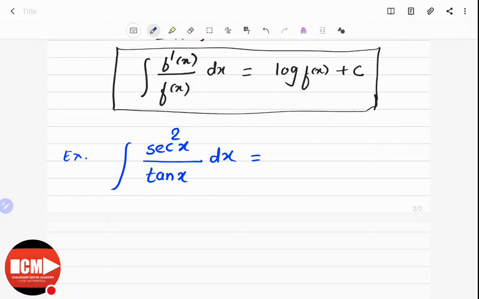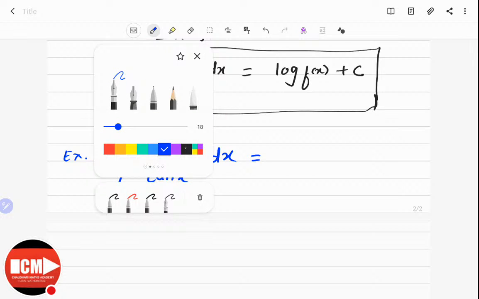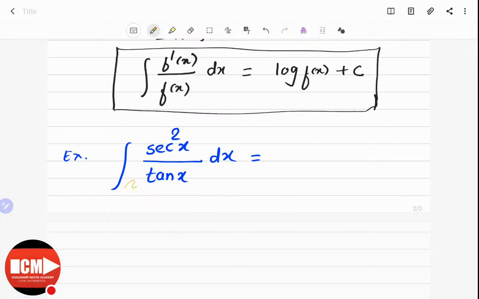If you try to recall this corollary, try to observe one important thing. If you assume this function as tan x, what is the derivative of tan x? If you remember, the derivative of tan x is sec square x, and if you observe, that derivative is present in the numerator.